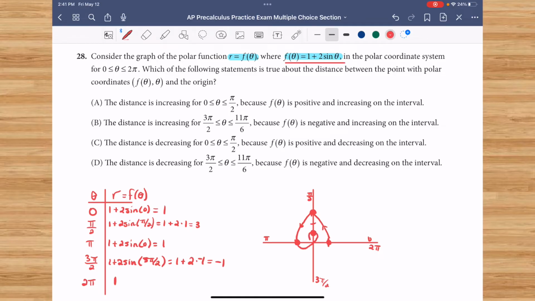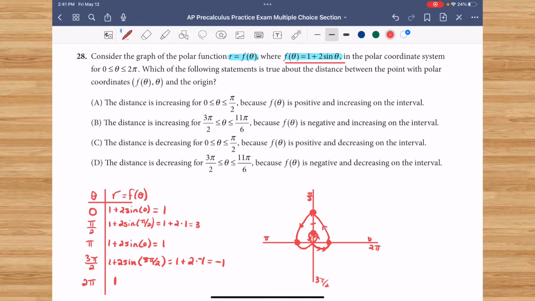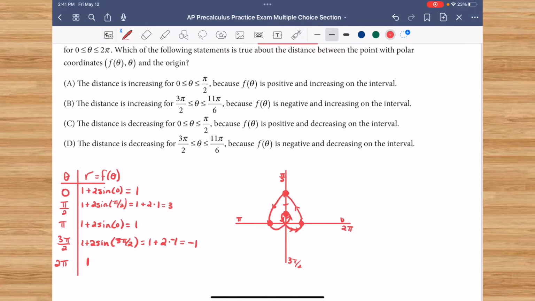I do know that based off of what I know about this type of polar curve. And so let's see if I can figure that out. It's going to be sometime between pi and 3 pi over 2, and then 3 pi over 2 to 2 pi. It's going to hit that pole. So let's see if we can determine that really quickly.